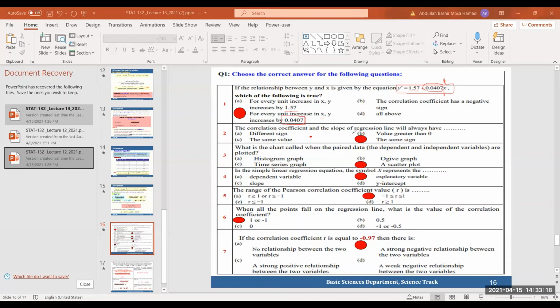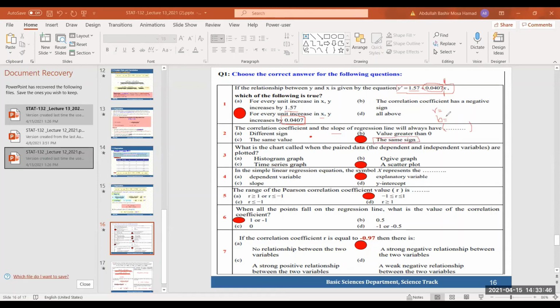The correlation coefficient and the slope of the regression line will always have what? If r is negative, then the slope will also be negative, right? So the slope and correlation coefficient always have the same sign.